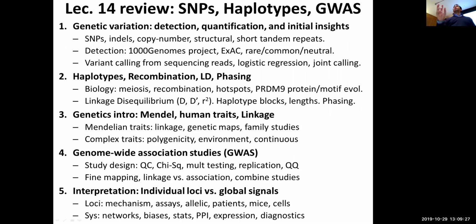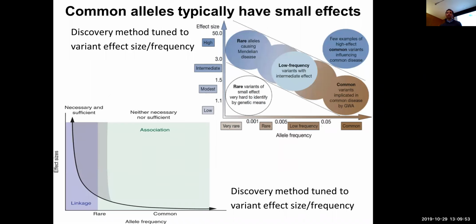We also talked about how this co-inheritance has a flip side, a downside, which is that once we figure out the region of association, we don't know the specific nucleotide. And then we talked about how to carry out genome-wide association studies and how to interpret them, how to infer the mechanism underlying genetic loci. Today we're going to be looking at how we assign function to that.